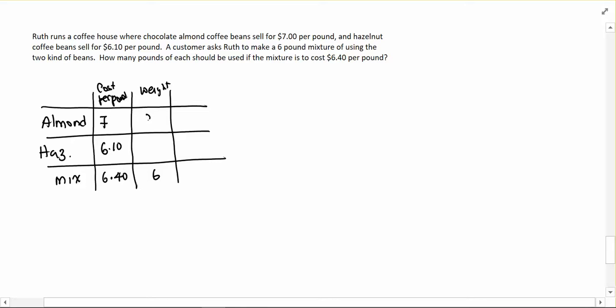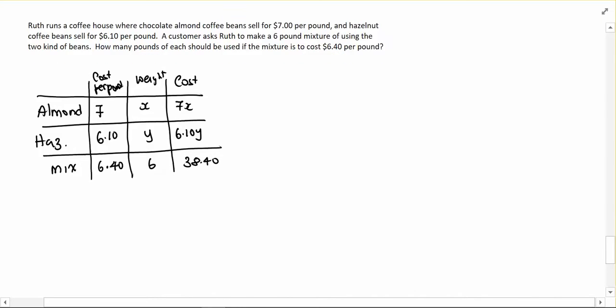And what we don't know is that. And the cost of each part is going to be 7x and 6.10y. And over here, we can figure out the overall cost by multiplying those two. So 6 times $6.40 would be $38.40.